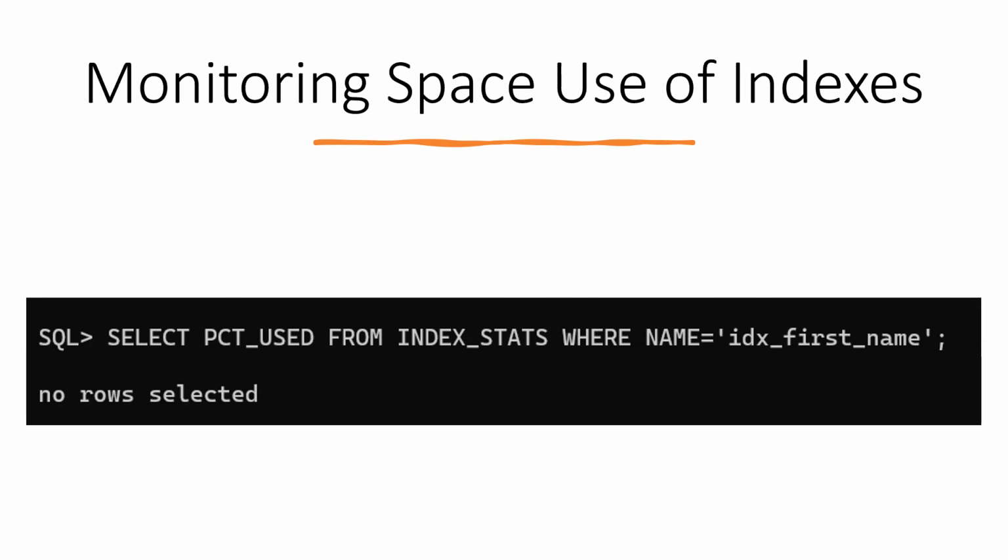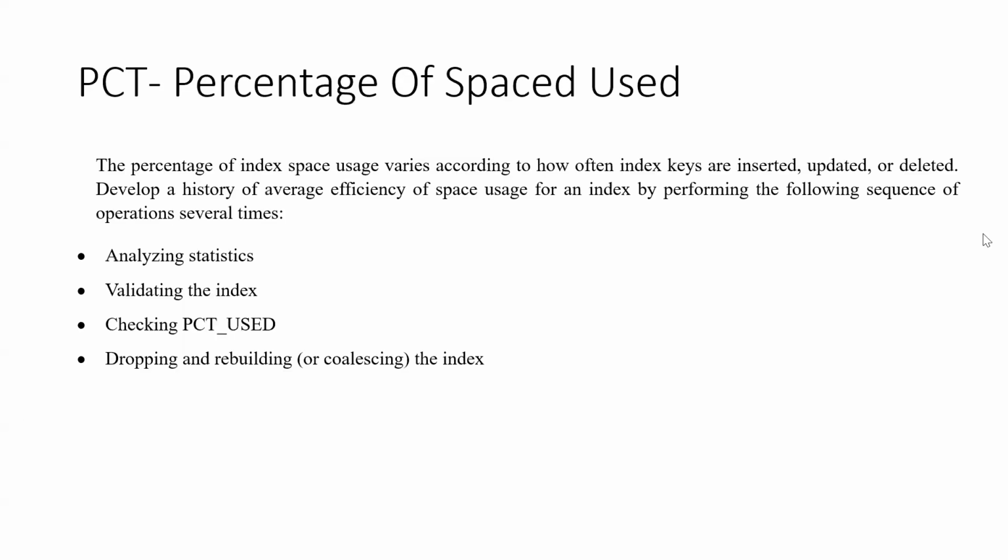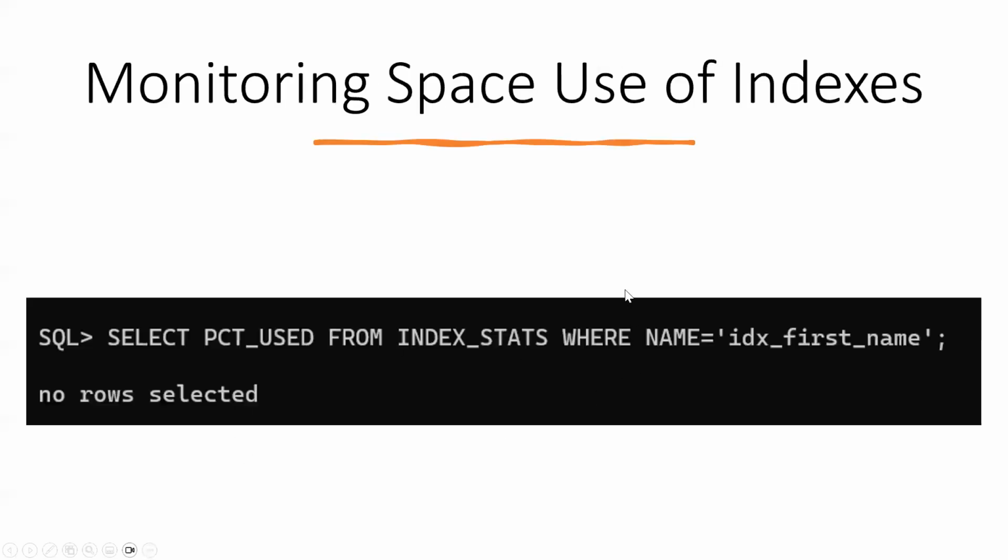Now let us talk about the PCT field. Whenever we want to monitor the space occupied by indexes, we can say select PCT_USED from index_stats. Index_stats is a table which has the PCT_USED field, telling how much space my index is taking.